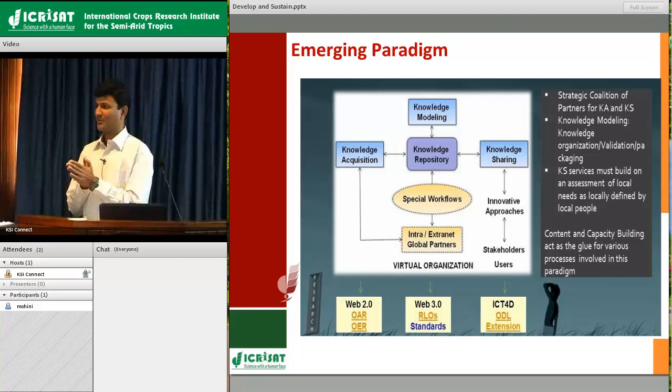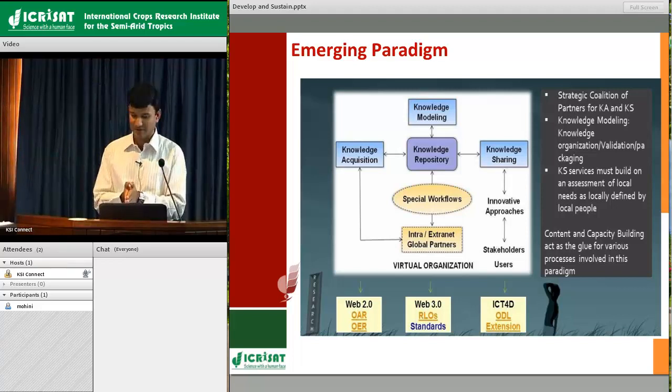At the same time, we need to follow knowledge modeling principles, some standards, to make sure we can share this knowledge to a wide variety of platforms, and model it to feed into these pluralistic approaches to ensure it reaches the end users.